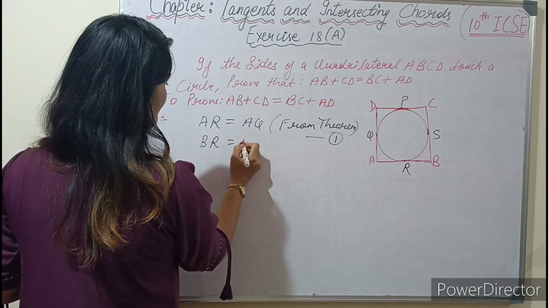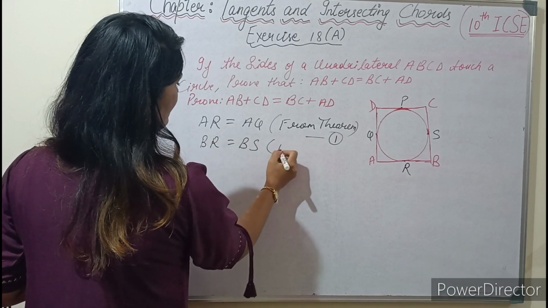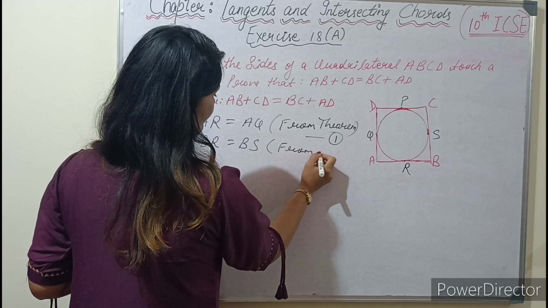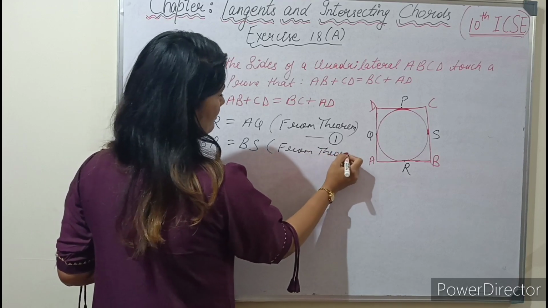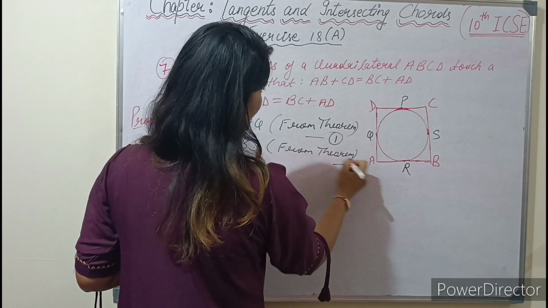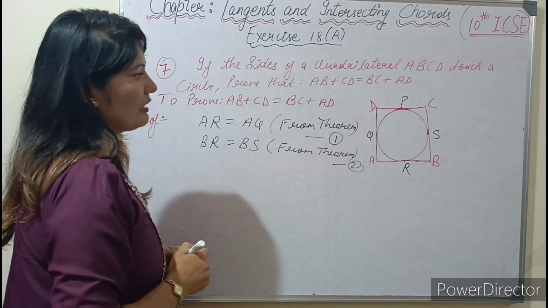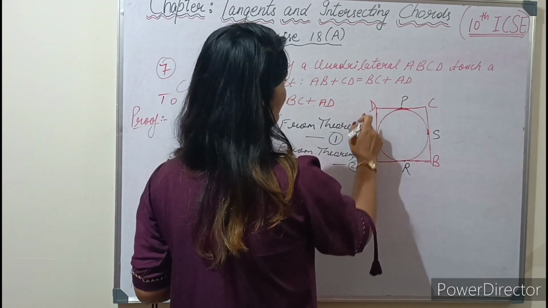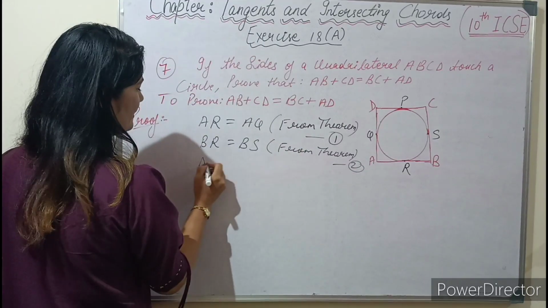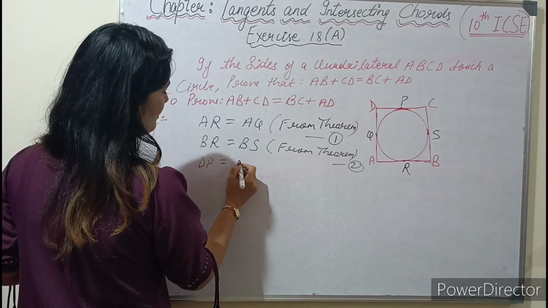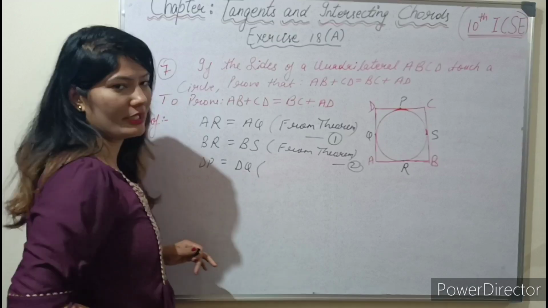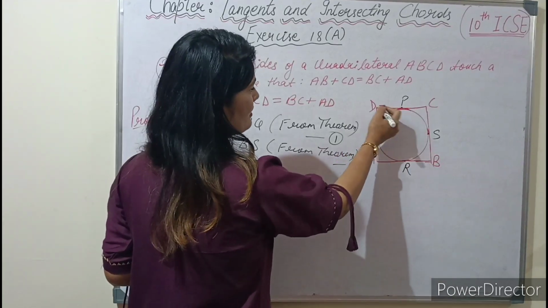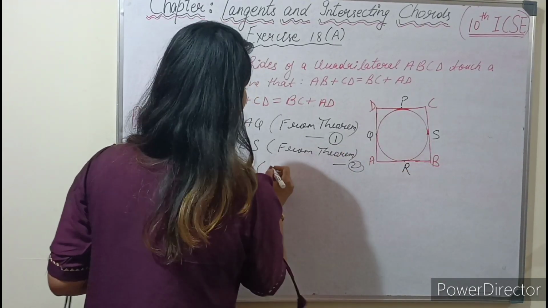In a similar way I can write tangent BR is equal to tangent BS. This is again from theorem. This is equation 2. Now in a similar way, can I write DP is equal to DQ? Yes, DP is equal to DQ. This is again from theorem, the tangents passing from an exterior point.